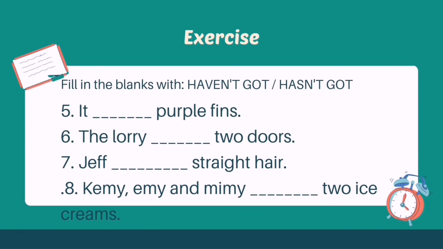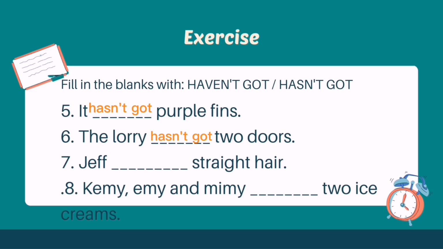So for question number 5, the answer is hasn't got, because it is a singular subject. So for question number 6, what is the answer? Yes, the answer is the lorry hasn't got 2 doors. Why? Because the subject, which is the lorry, is a singular subject.